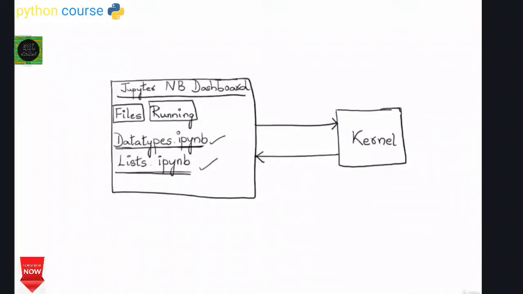A notebook kernel is a computational engine that executes the code contained in a notebook document. So the notebook document is a file, whereas the kernel is a process. The kernel performs the computation and produces the results. The kernel receives snippets of code from the notebook interface, executes them, and sends the outputs or possible errors back to the notebook interface.